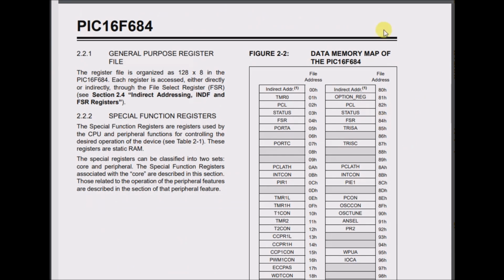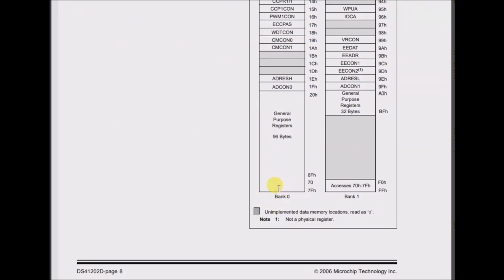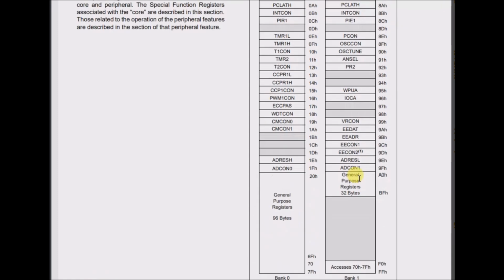Another thing that is important to know with the PIC16F684 is that in the RAM, or the data memory map of the PIC16F684, it has two banks, bank 0 and bank 1.